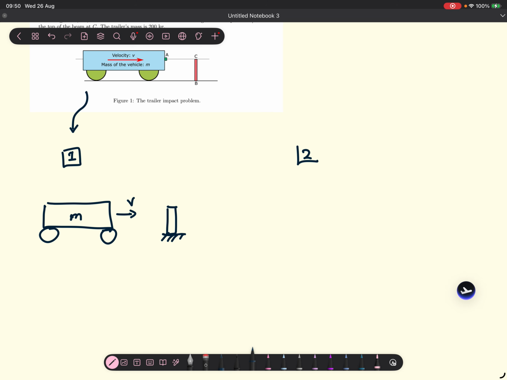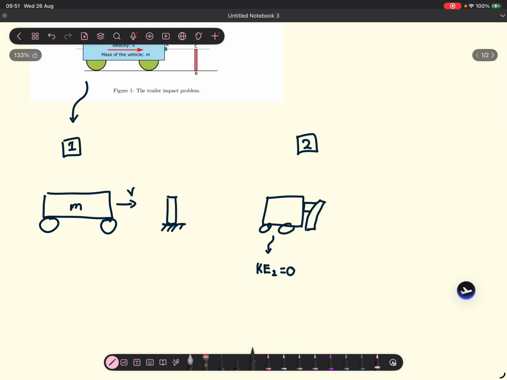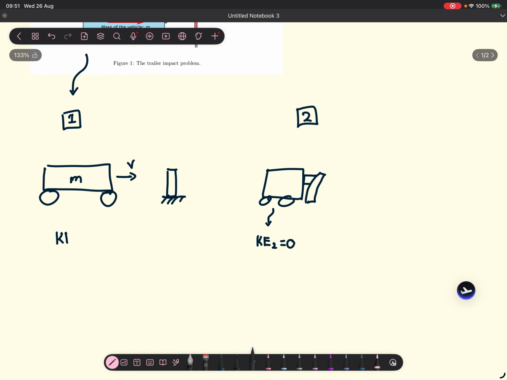Cool. Then at state 2 we expect the beam to deflect some amount after the impact, and let's say that's the front of the car, and the car is going to come to rest. So the energy from the car is equal to 0 at state 2, and the energy from the car at state 1 is equal to some value.